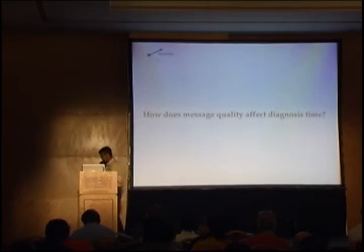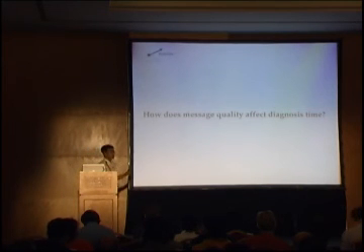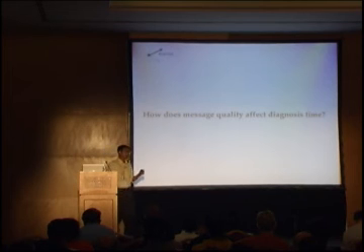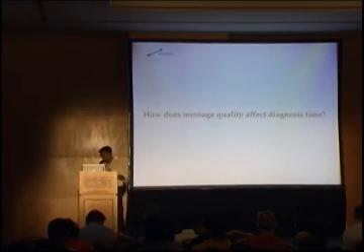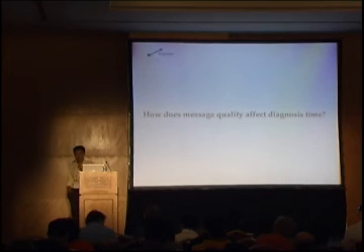Another aspect we want to study is the relationship between the message the system gives to the user and the diagnosis time. In other words, does a good message really help the user to diagnose the configuration error?